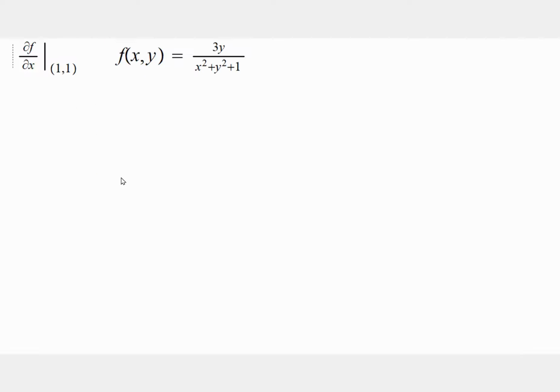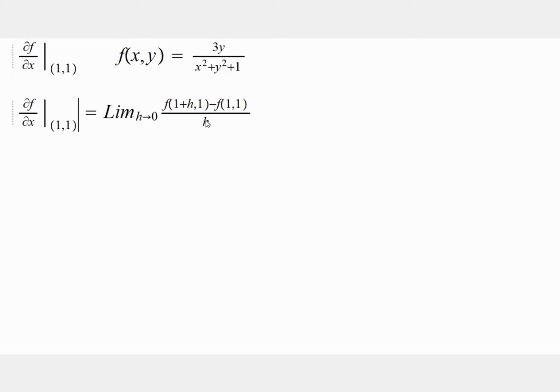All right. So as an example, let's take up the evaluation of a partial derivative of f with respect to x at the point 1, 1, where our function is defined by 3y over x squared plus y squared plus 1. So we are evaluating it at 1, 1.